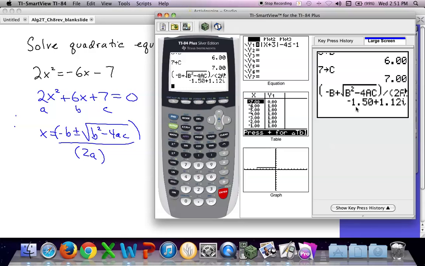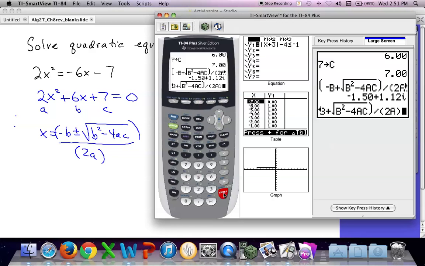You don't want to type it in again. Hit second and the enter button, and it brings up the last thing on the screen that you typed in. And now you can move the cursor over the plus and make it a minus.